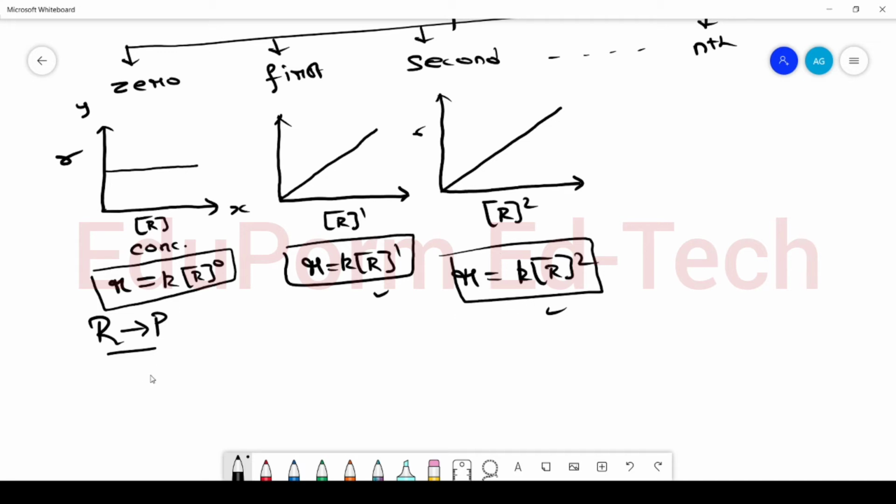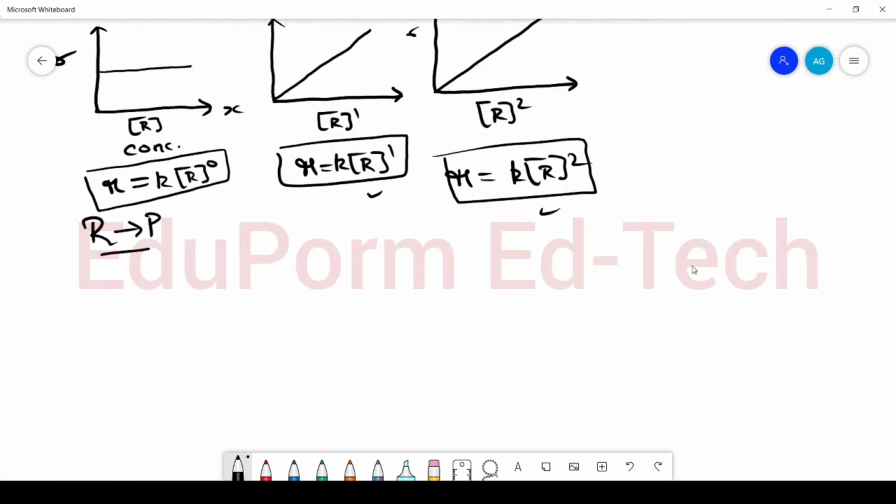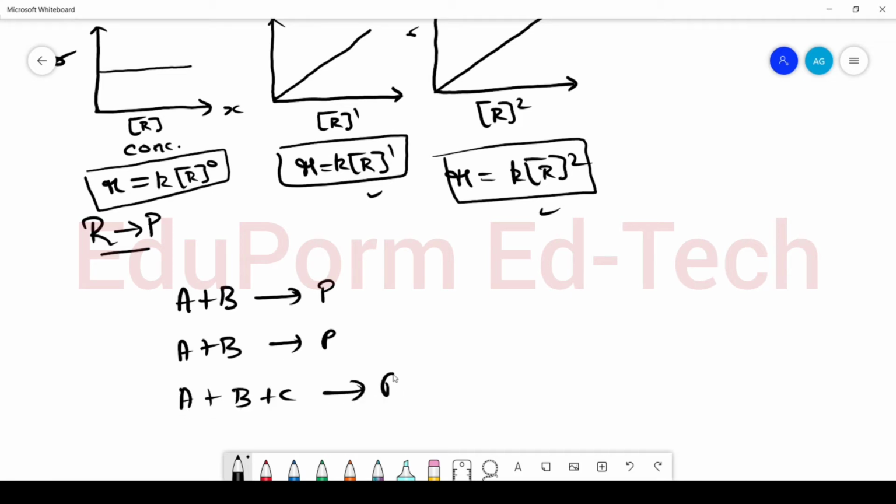For example, we have complex reactions in which multiple reactants are involved: A plus B gives product, or A plus B plus C gives product.